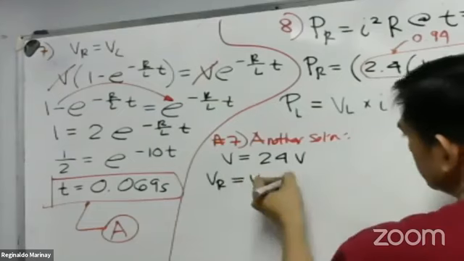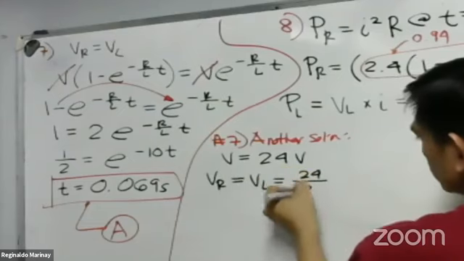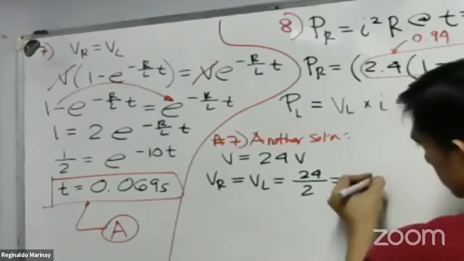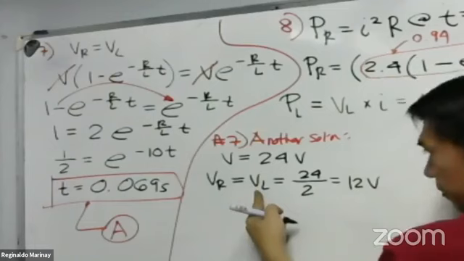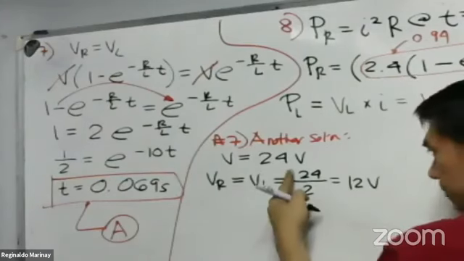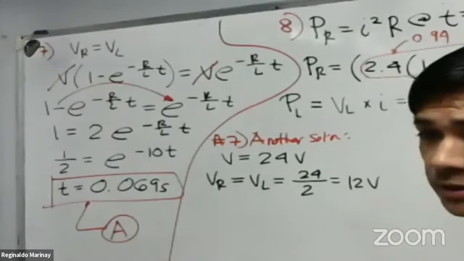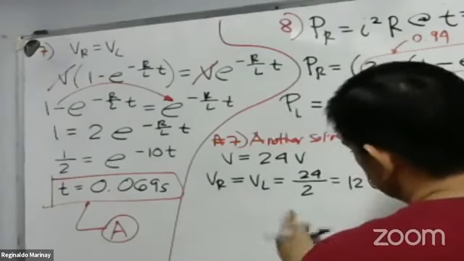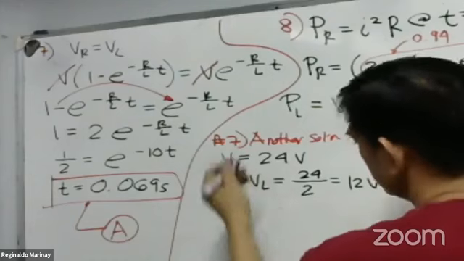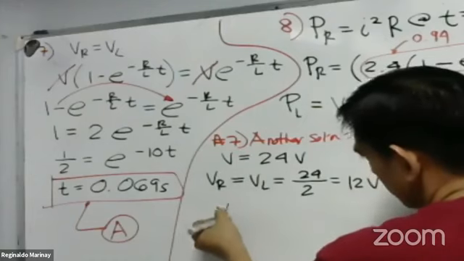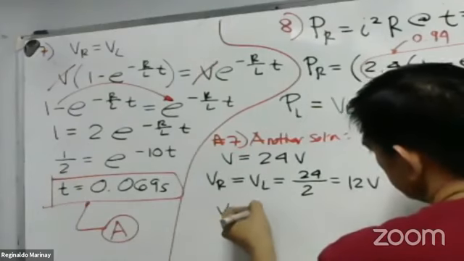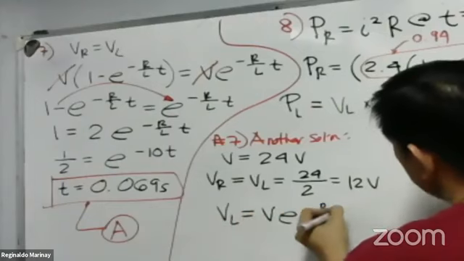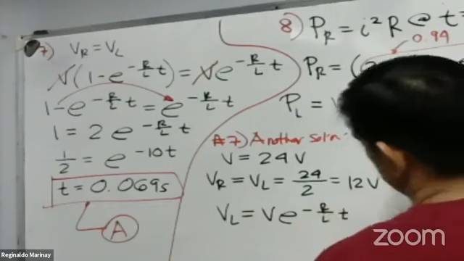There's no other value than 24 over 2, because they are equal. 12 volts for BR, 12 volts for BL, it will become 24 volts. You get that? Now, the simpler solution is BL. Again, what is the BL? BL is this, BE raised to negative R over L times T.